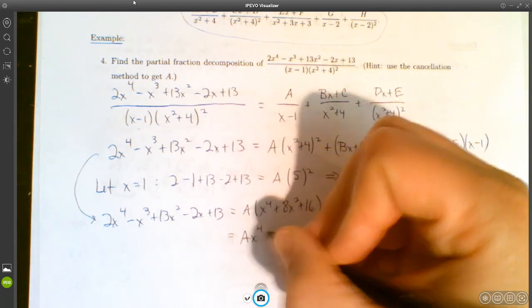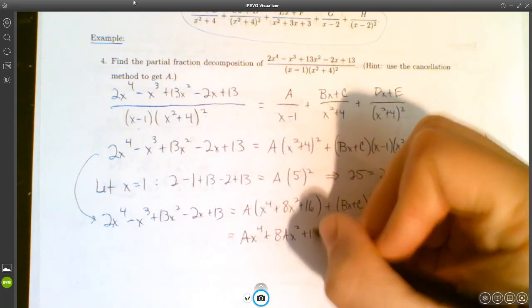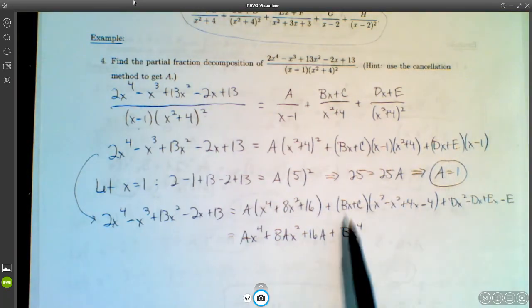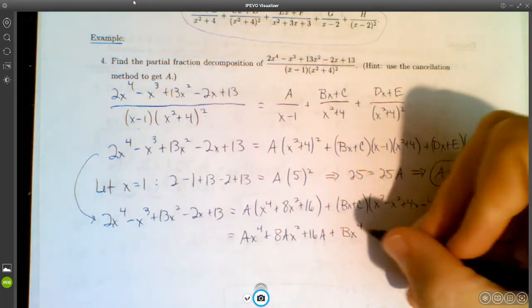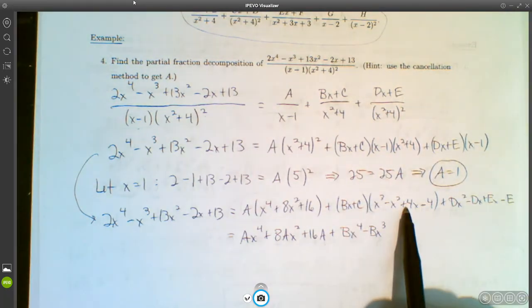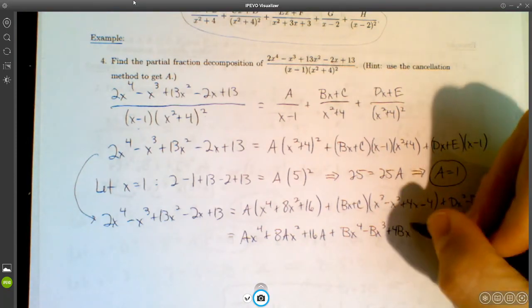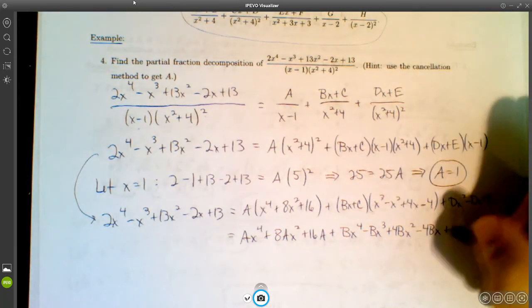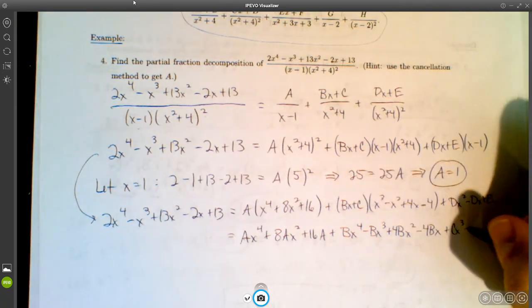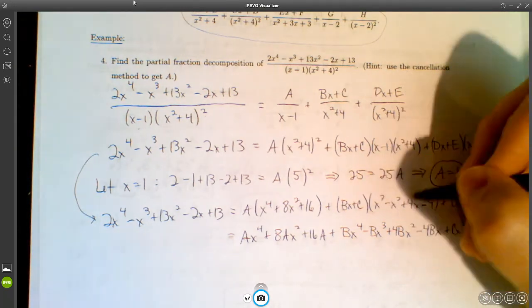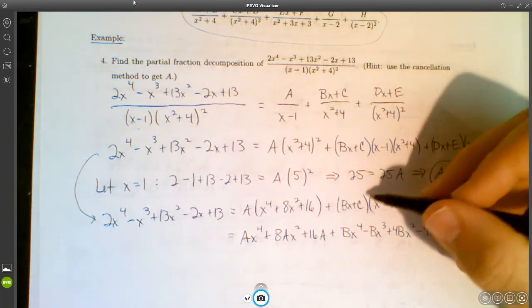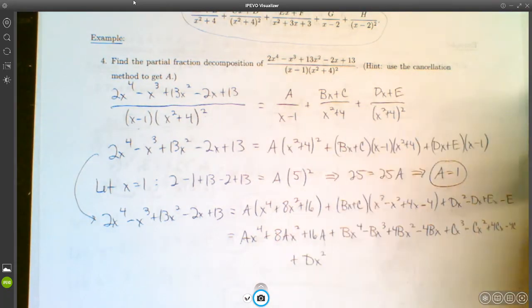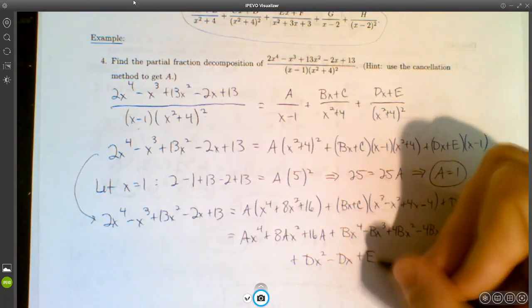Let's do ax to the fourth plus 8ax squared plus 16a plus bx to the fourth minus bx cubed plus 4bx squared minus 4bx plus cx cubed minus cx squared plus 4cx minus 4c, and then the plus dx squared minus dx plus ex minus e.